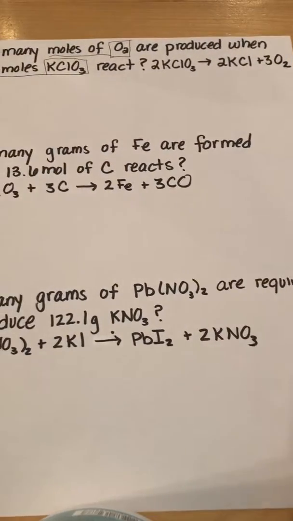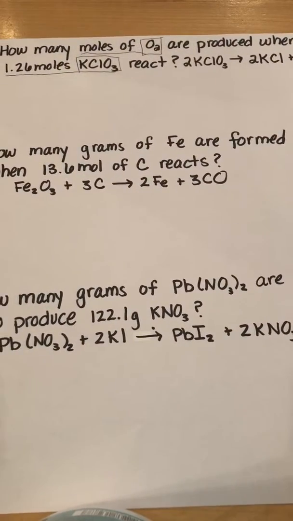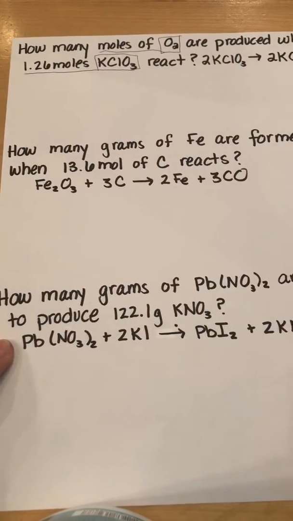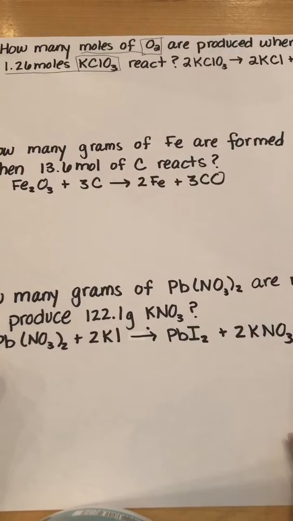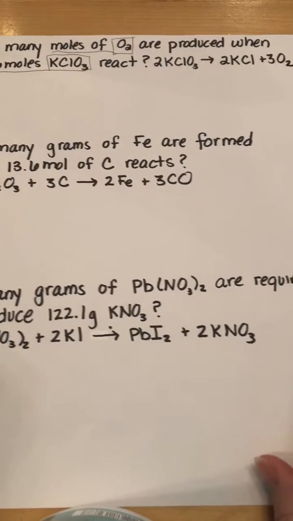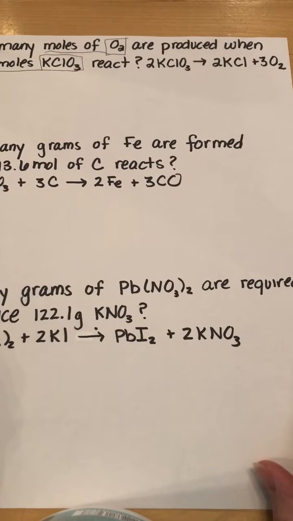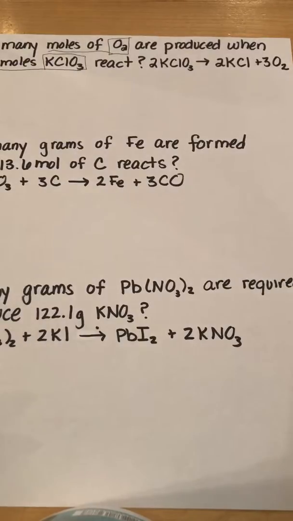So if we jump into an example, I have how many moles of oxygen are produced when 1.26 moles of potassium chlorate react, and then I'm given a chemical equation. For these problems, you will either be given a chemical reaction or you'll be told the names of them, and then you will have to generate the formulas.